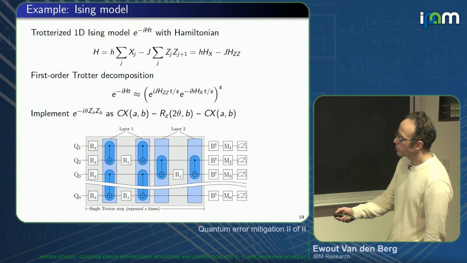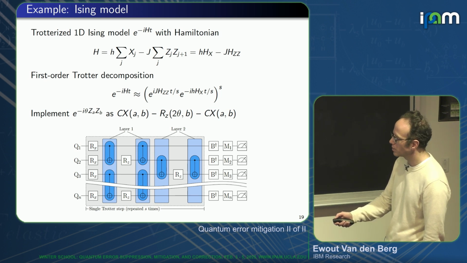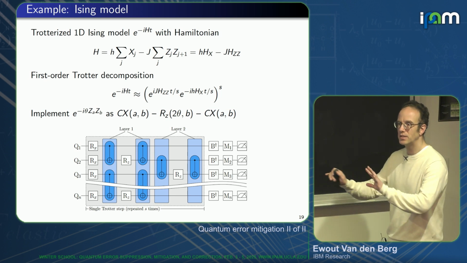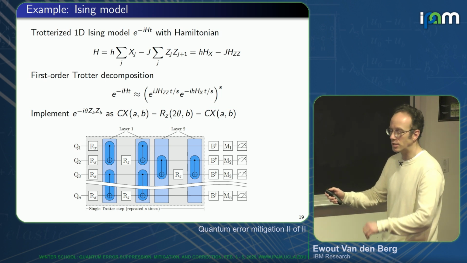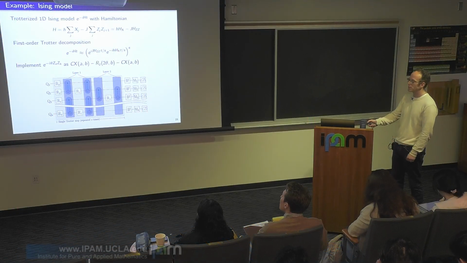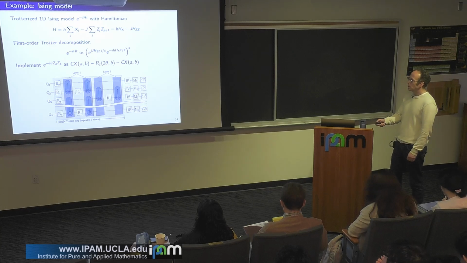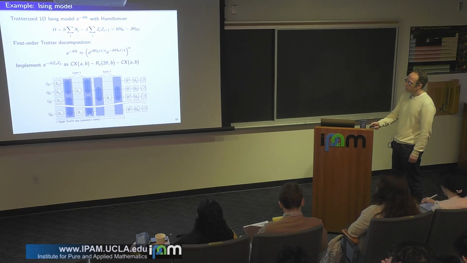Now, for the ZZs, we need to do this for every pair, but if we do it on 1 and 2, then we cannot also do a CNOT on 2 and 3 at the same time. So we split this into even and odd qubits: this is on 1, 2, 3, 4, etc., and this would be on 2, 3, and so on. That gives us two unique layers.